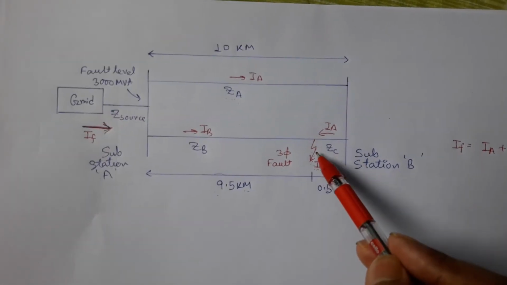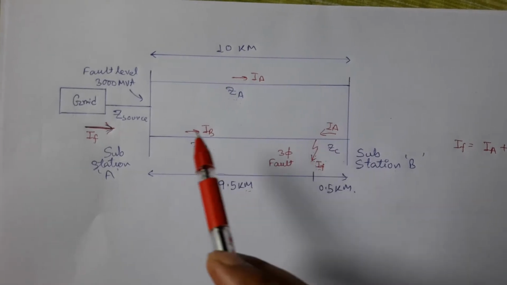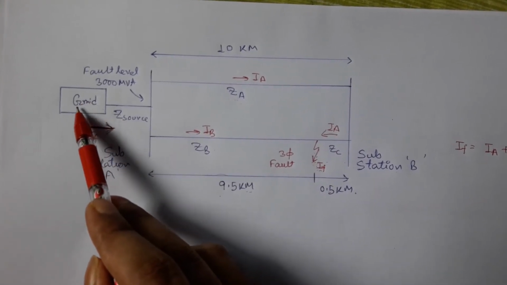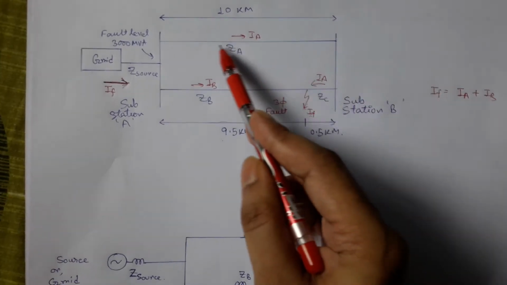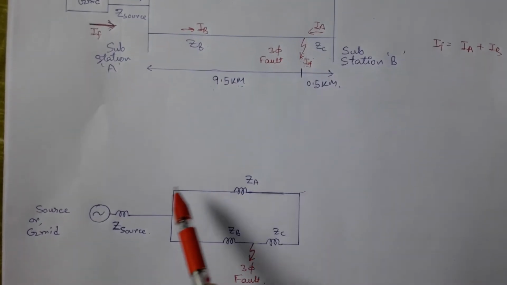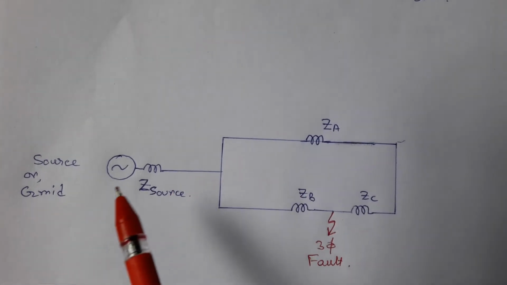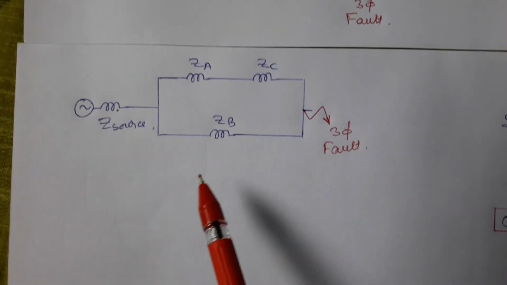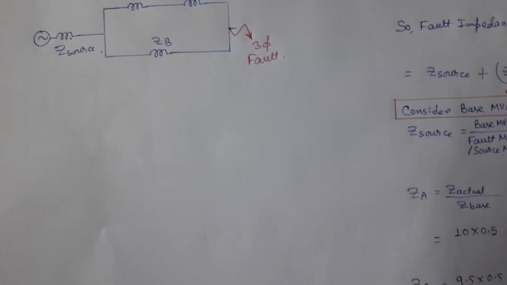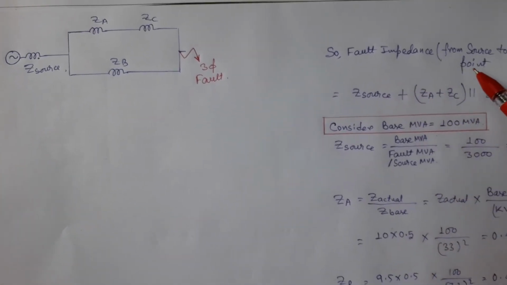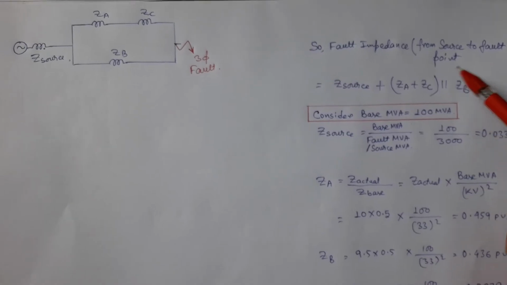Now to find fault current at this point, we should find fault impedance from grid to this point, and this network is simplified here. Now this network is further simplified like this, and in this network we will find fault impedance from source to fault point.